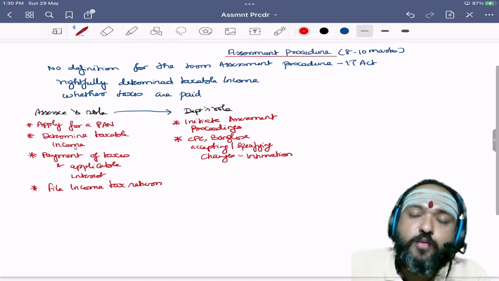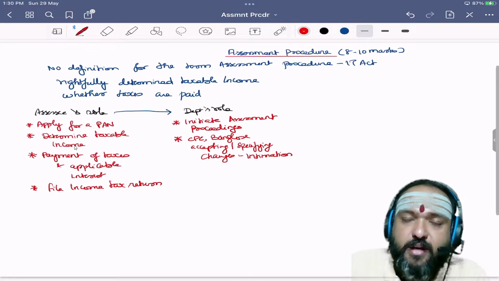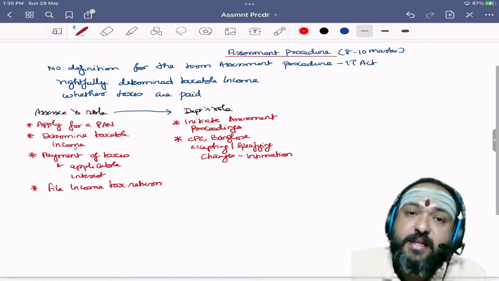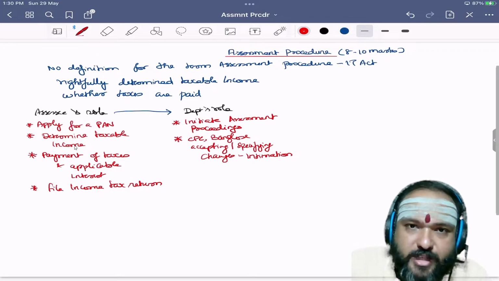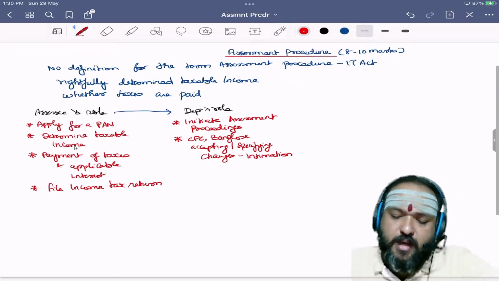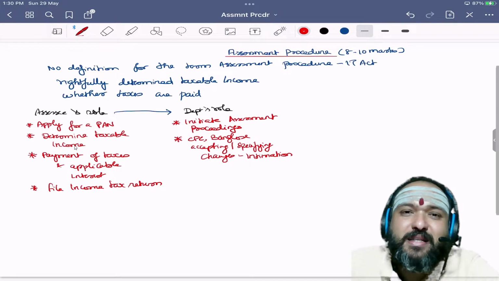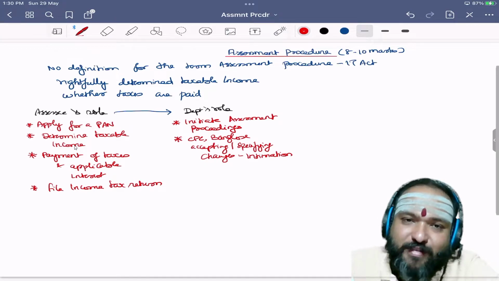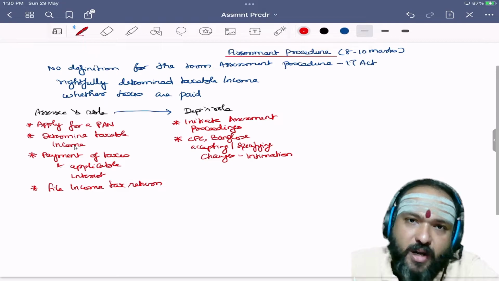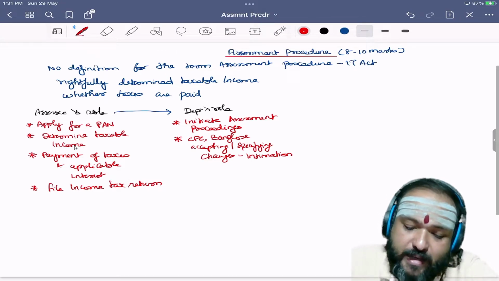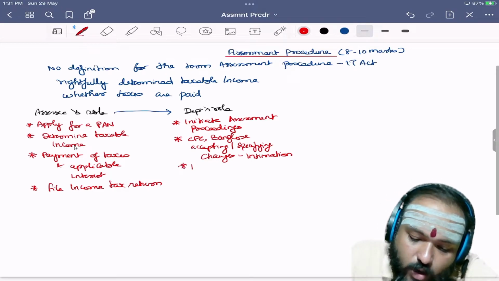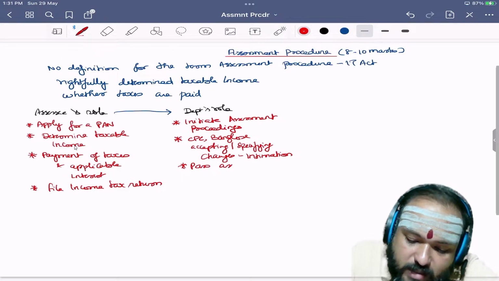Or as I had told you before, you have filed a return with refund and you have not included interest. This will come as a positive intimation, assessee-favoring intimation. Now, apart from this, the department can call for information based on whatever return you have filed, and then finally they can pass assessment orders.